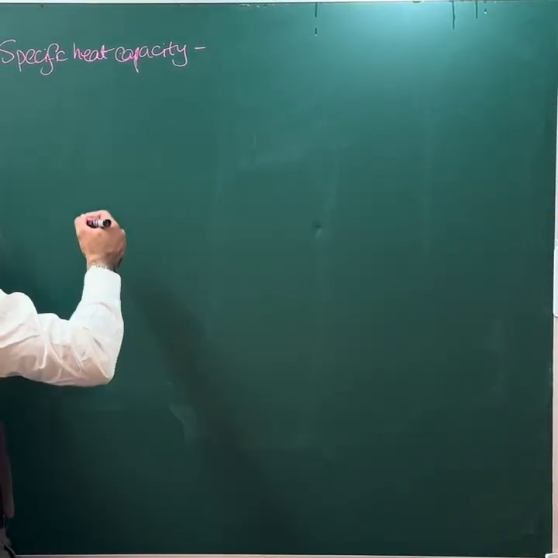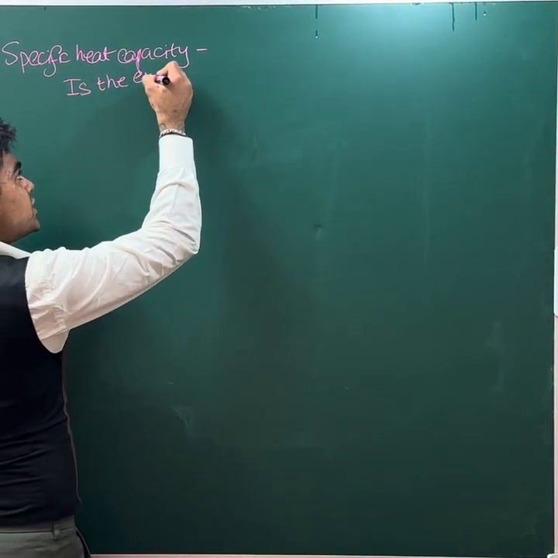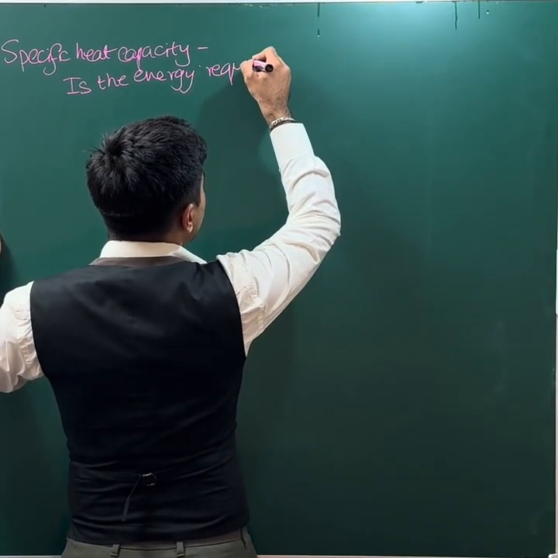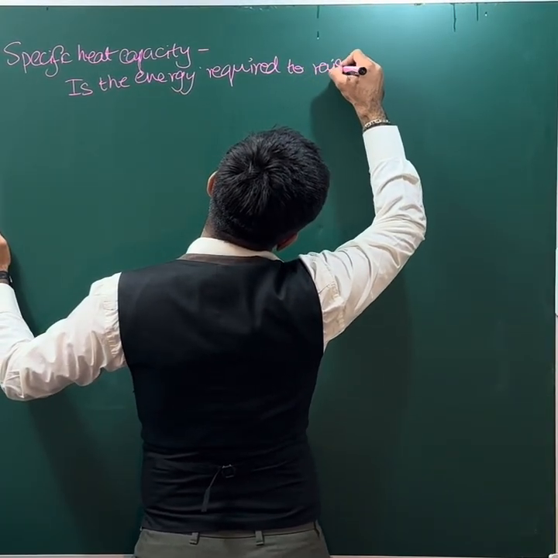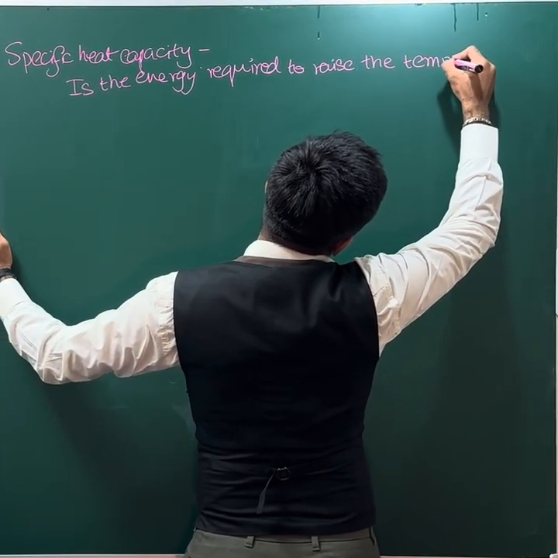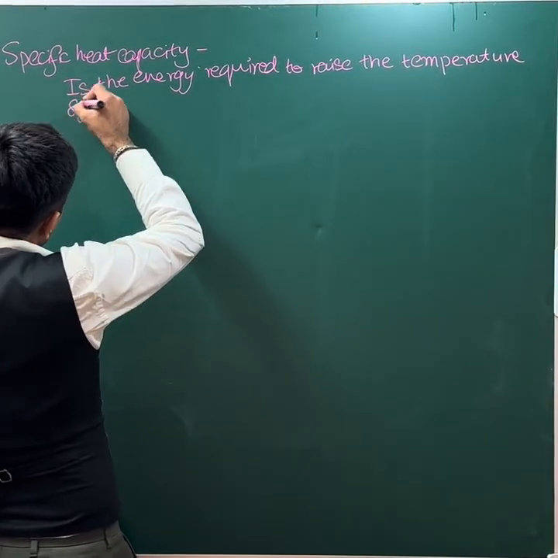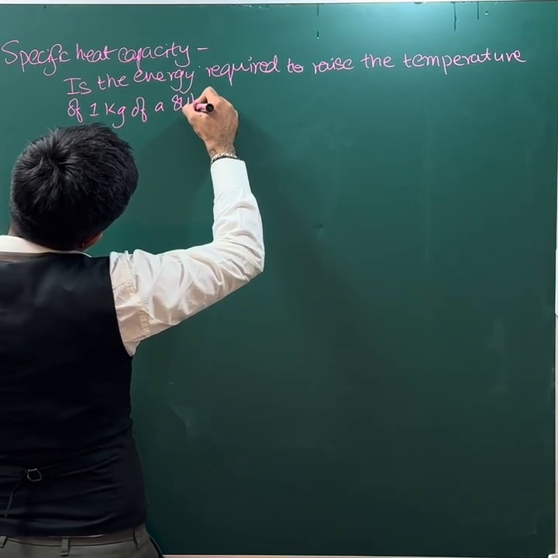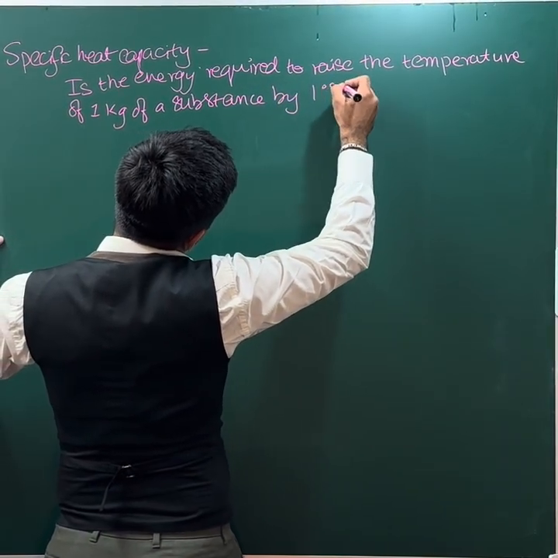Well, specific heat capacity is the energy required to raise the temperature of 1 kg of a substance by 1 degree Celsius.